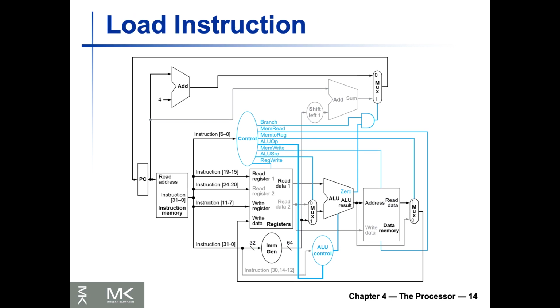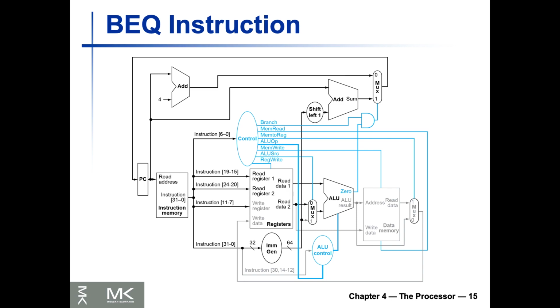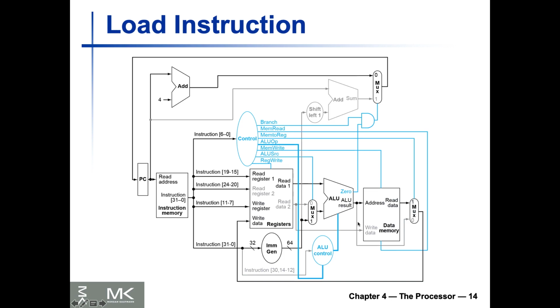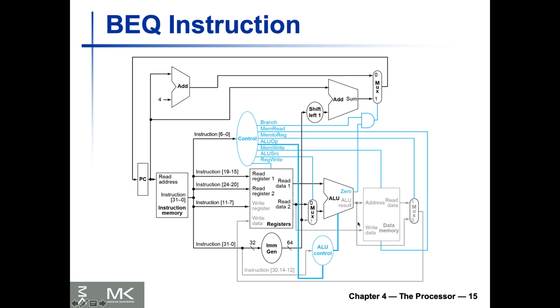Okay, and for branch, because you don't load anything, you don't need the write register from the register file. So these are great, you see, and only this side that decides to increment the PC counter by 4 or just branch to the target address is going to be needed. Okay, so that's the difference in these 3 situations for your datapath.